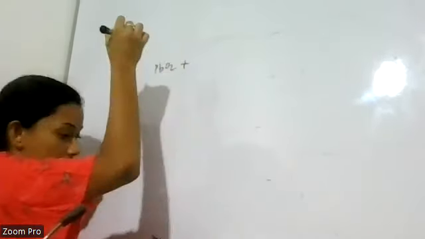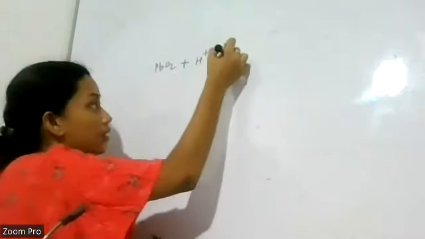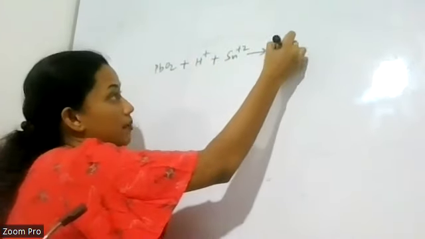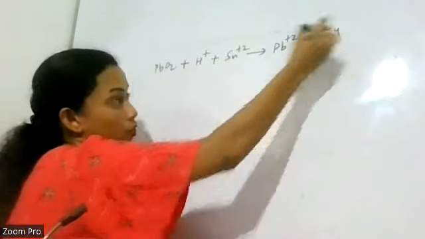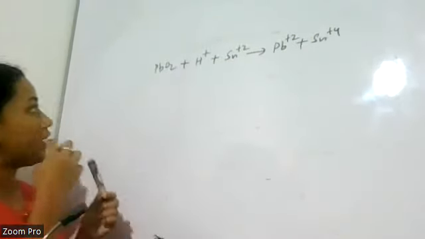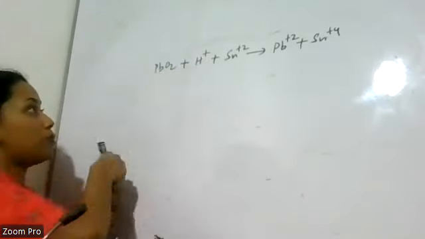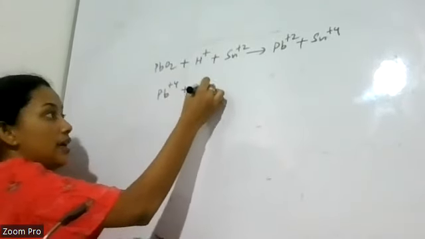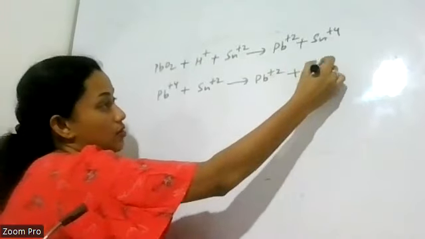PbO2 plus H plus Sn2 plus into Pb2 plus Sn4 plus. Here lead is in Pb plus 4 form. Therefore, Pb plus 4, Sn2 plus, here Pb plus 2, Sn4 plus.